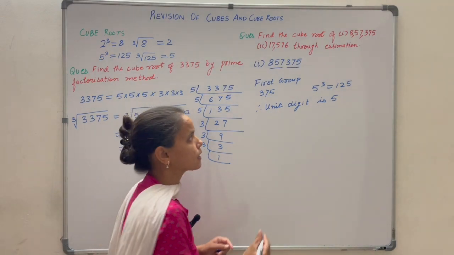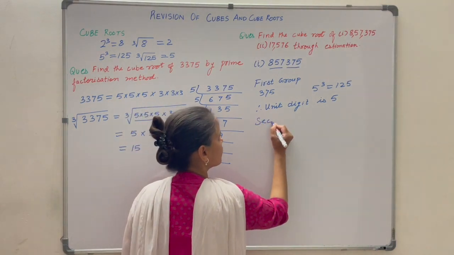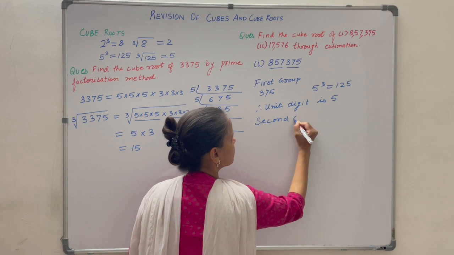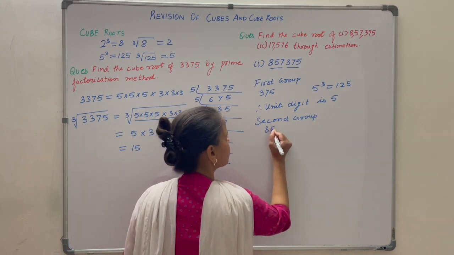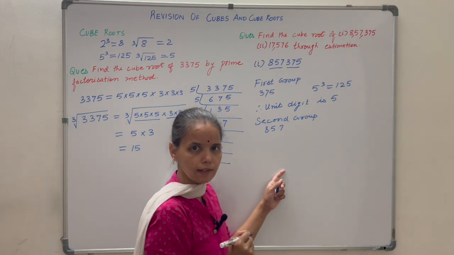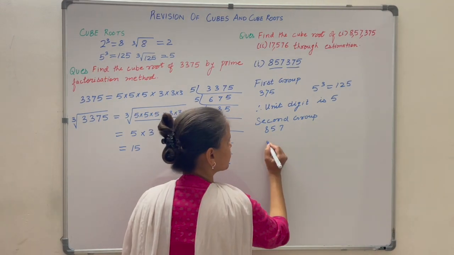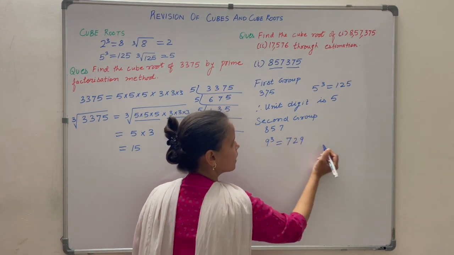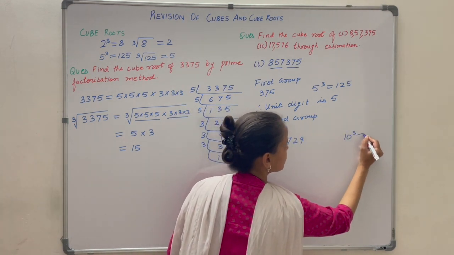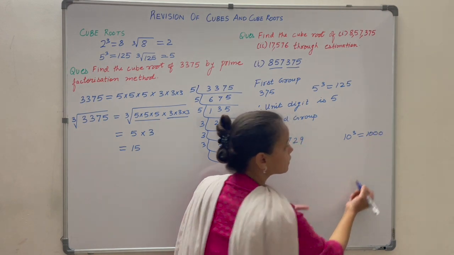Now let us take the second group. What is there in the second group? We have 857. It lies between 9 cube, that is 729, and 10 cube, that is 1000.